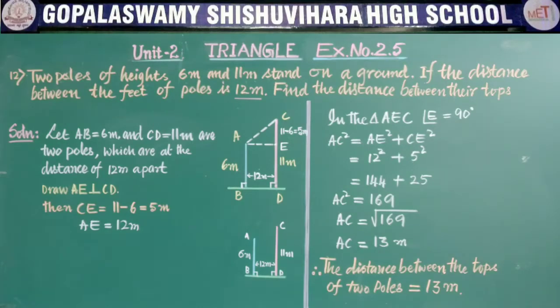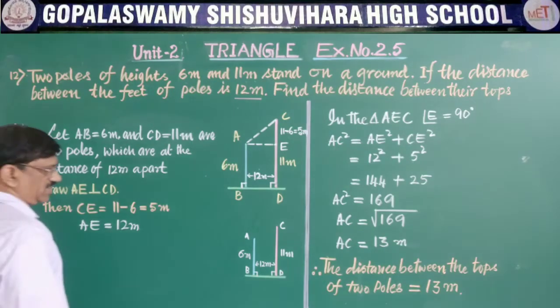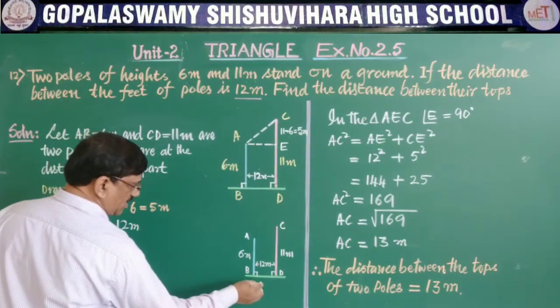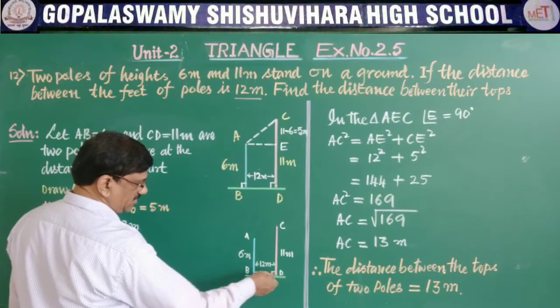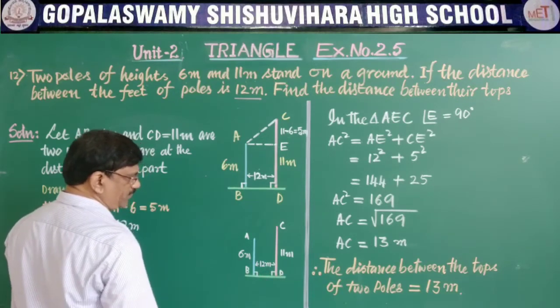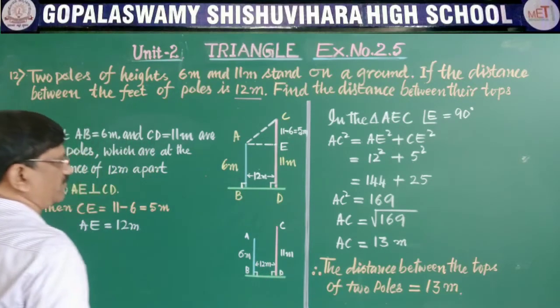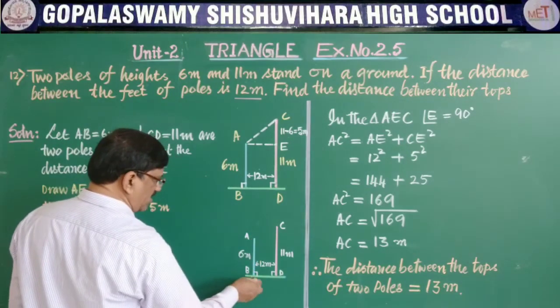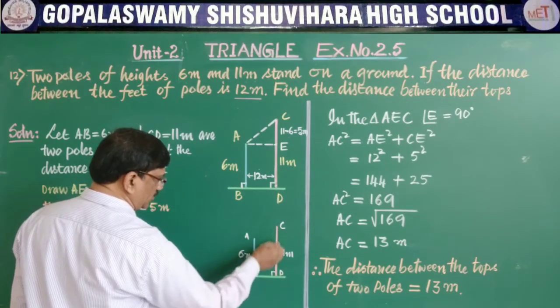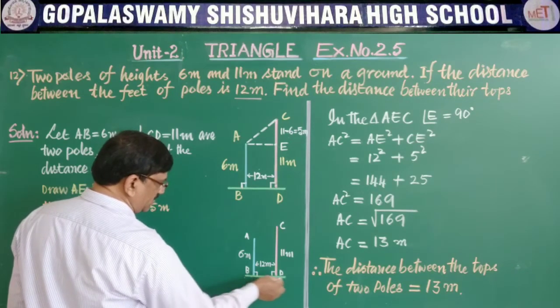Here you see, children, you can understand this in figure 1. I have written here at the bottom. No need to write this in the examination, so write this one. Clear? Here you see, let AB and CD be the two poles standing on the ground.